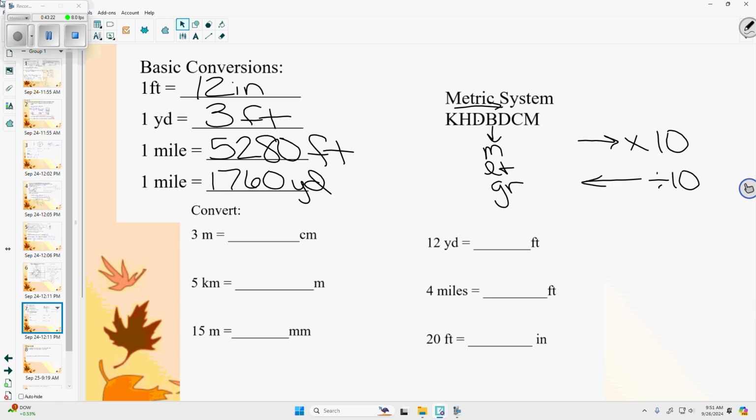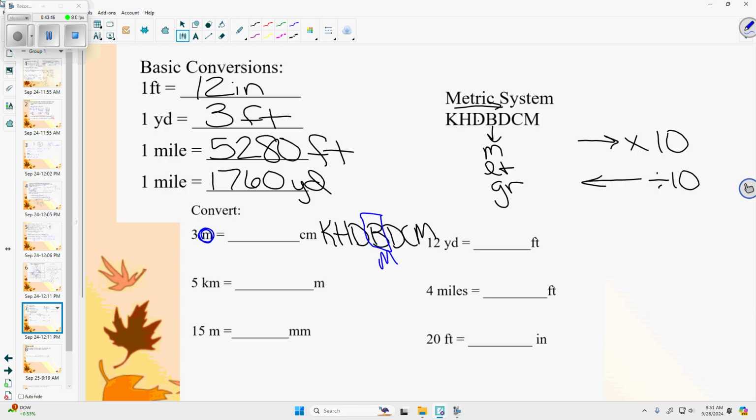So if I want to go from 3 meters into centimeters, when I look at that same phrase, knights hate dragons because dragons chase men, this M is where? Where is meters? No, that is millimeters. Base is meters.